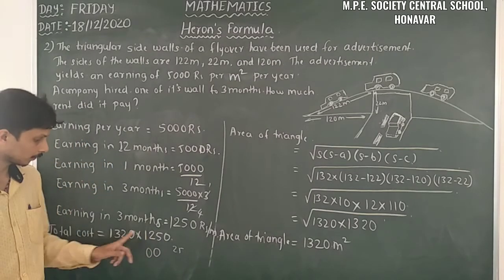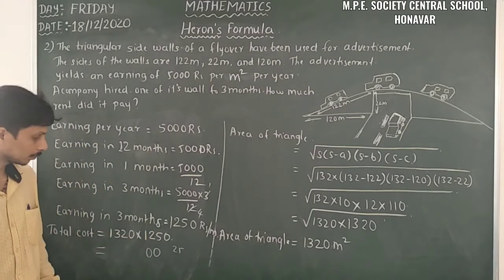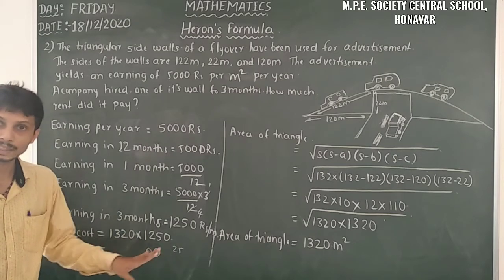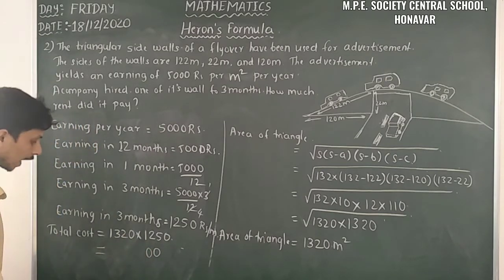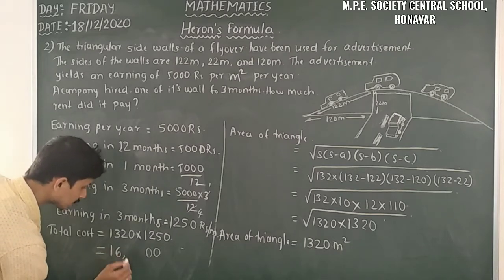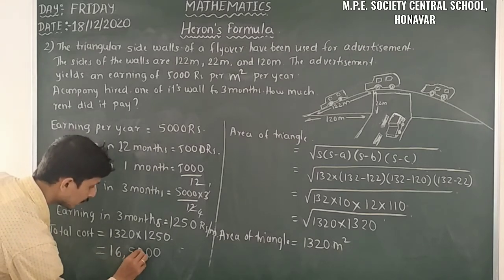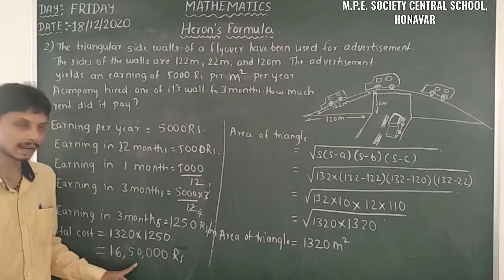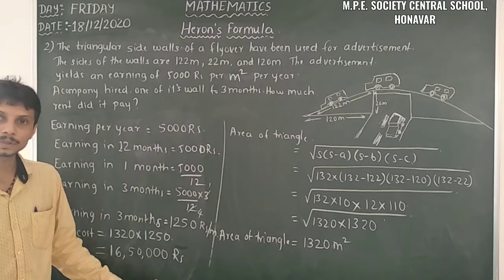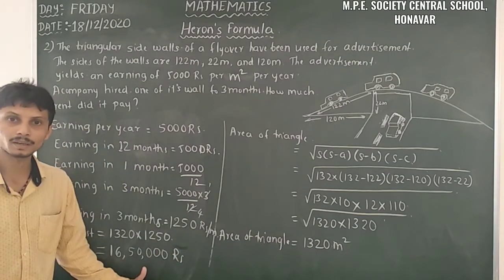And 125 into 3, you have to take that same procedure here. So whatever we have, the answer will be 16,50,000 rupees. 16,50,000 rupees will be the answer we found.